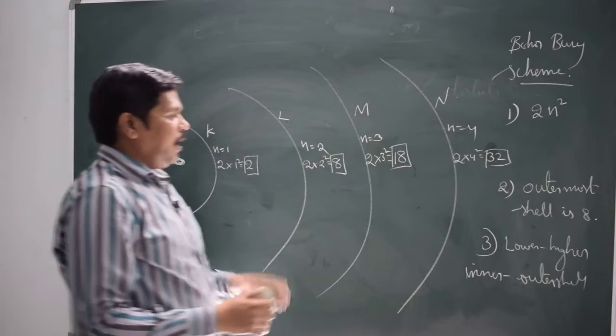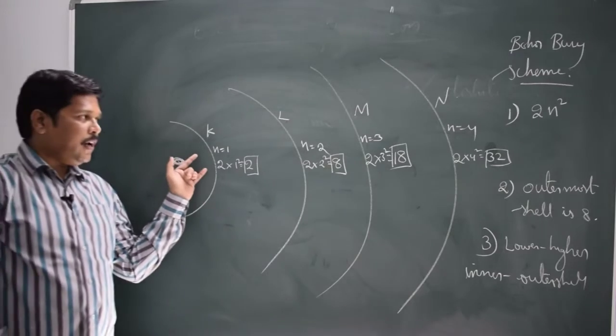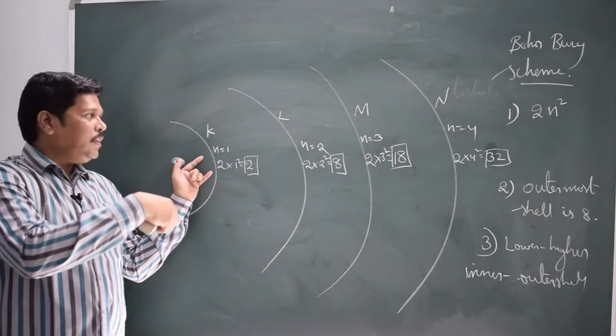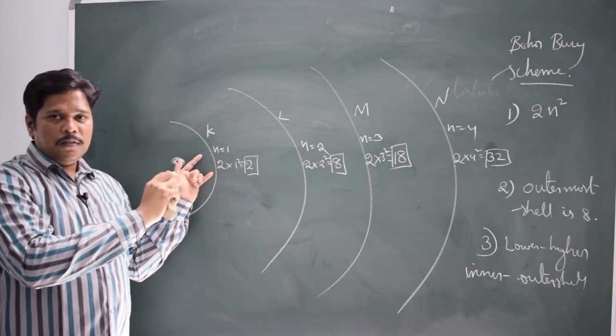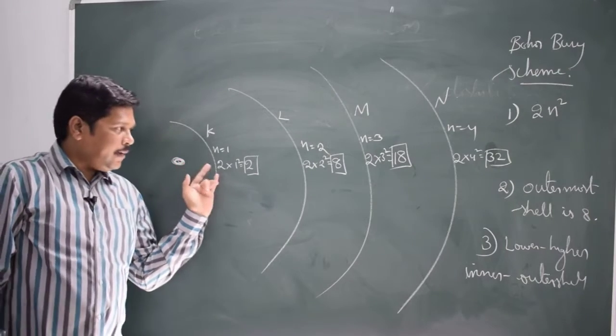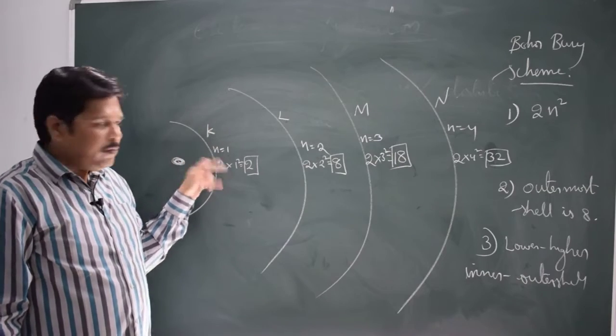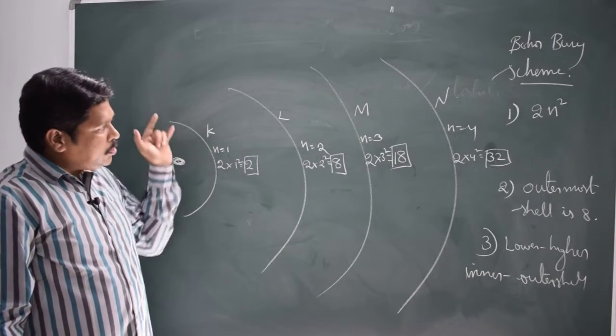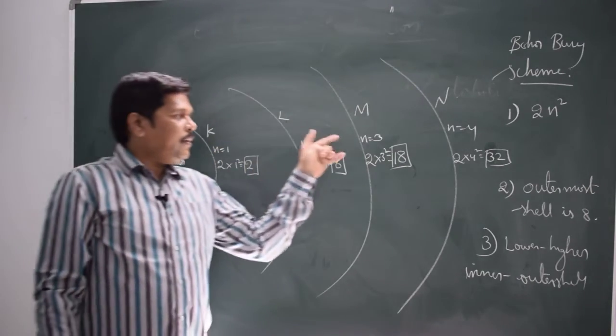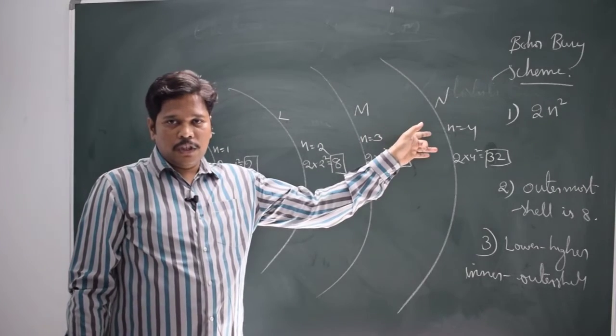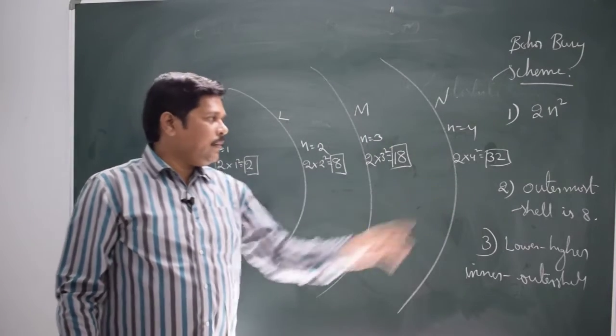You have to follow this when writing the electronic configuration for a particular element. First, the shells with lower energy level should be filled first. The innermost shell should be filled, then we follow with the outermost shell. Okay, clear with the scheme?